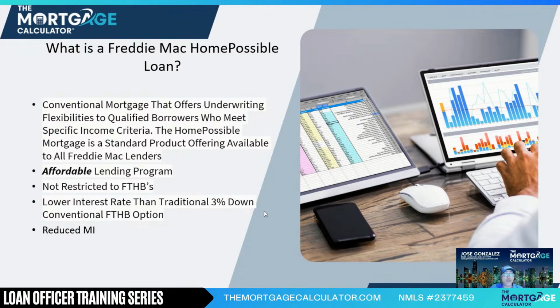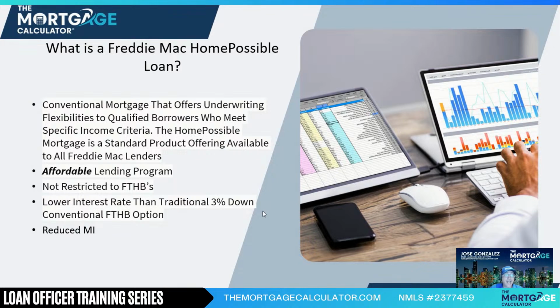Now, it is an affordable lending program, very common to be used by first time home buyers. However, this is a big however, it is not restricted only to first time home buyers because they actually do allow you to own another property while you own the subject that you're buying.